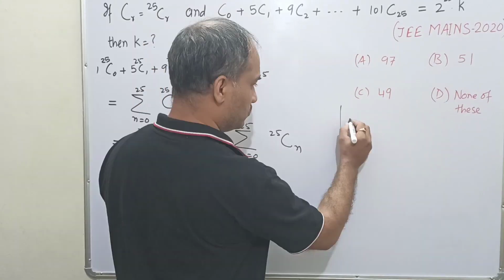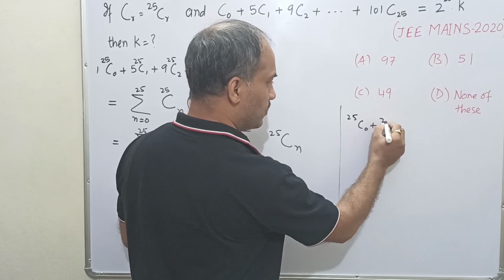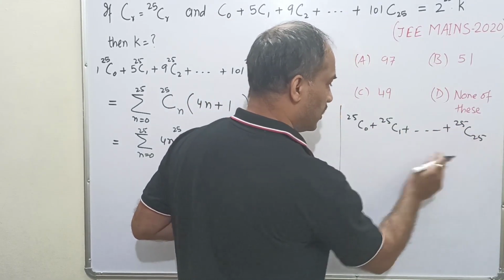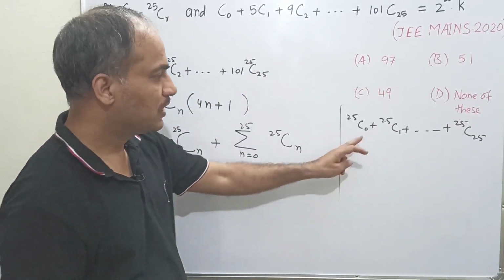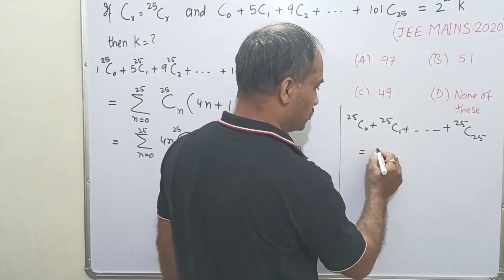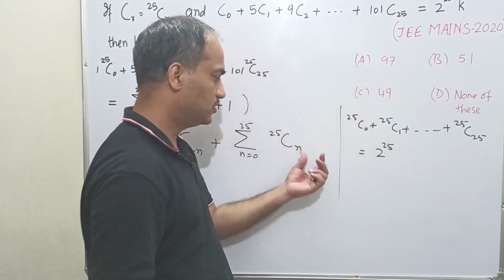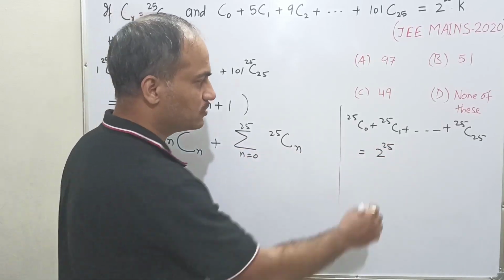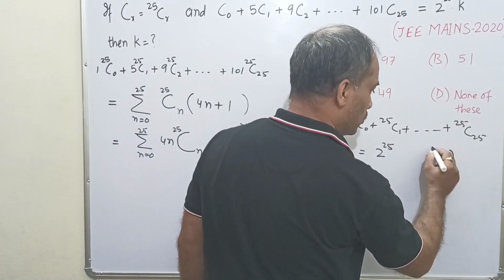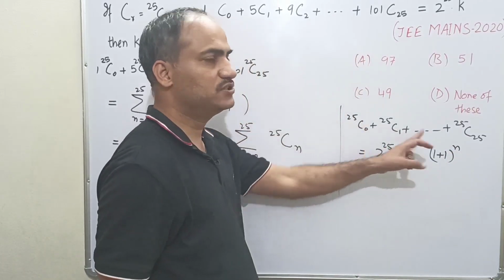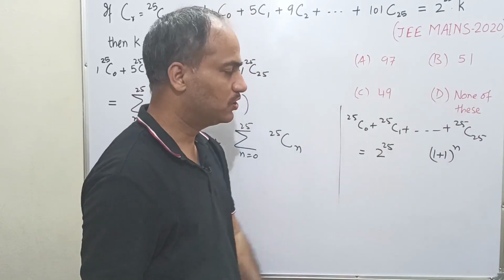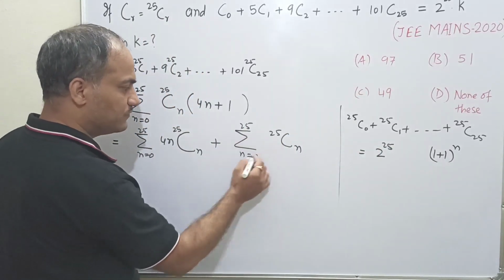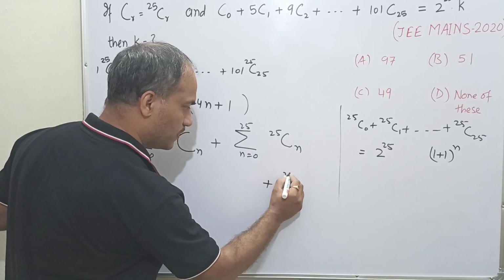When we put n equal to 0, this means 25C0, 25C1 until 25C25. By the binomial theorem, this is the expansion of (1 plus 1) to the power 25, so the value is 2 raised to the power 25. So at this place we will write 2 raised to the power 25.